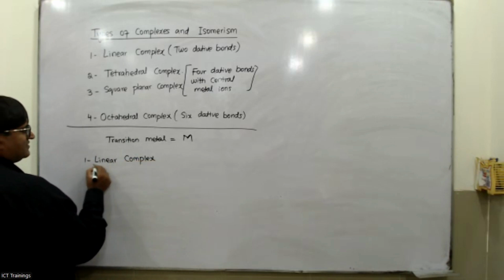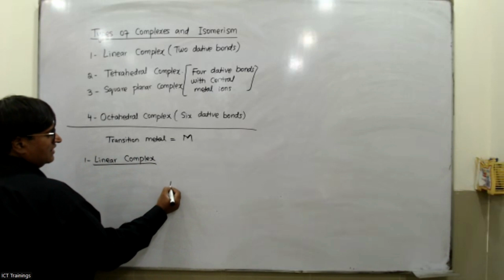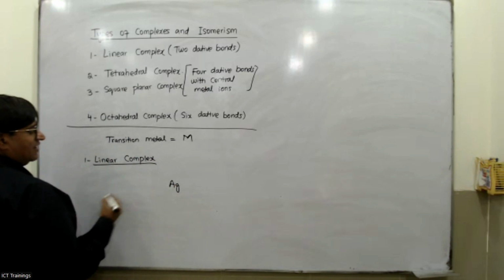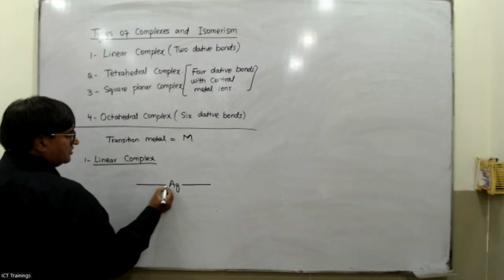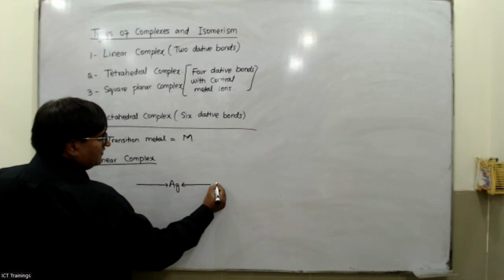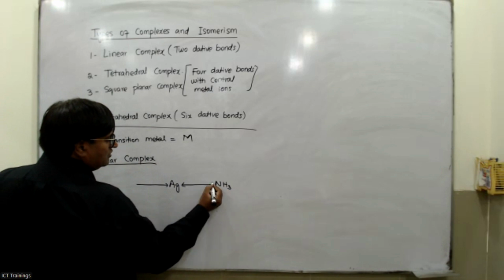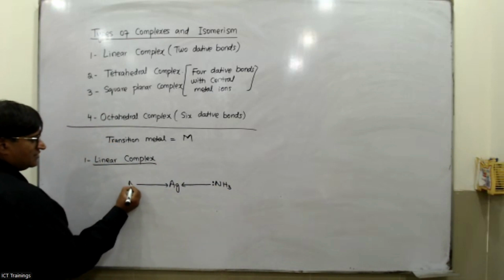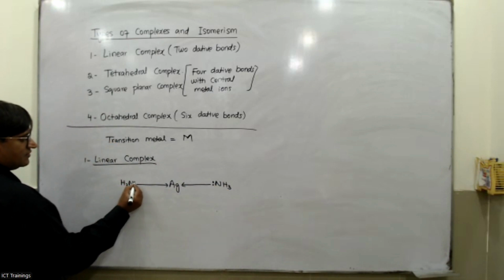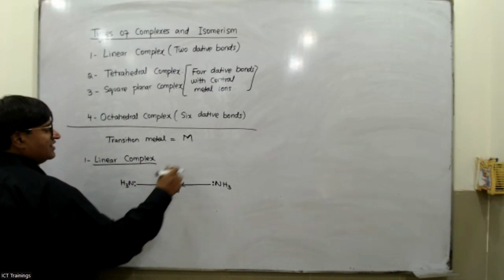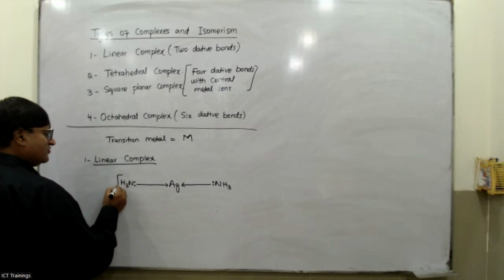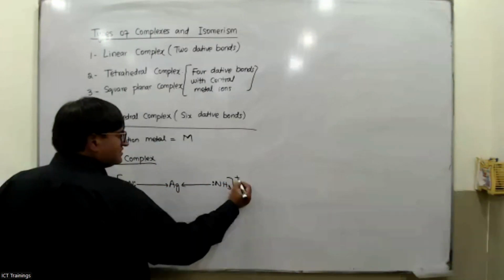Silver ion forms a linear complex with 2 ammonia molecules. The 2 ammonia molecules form 2 dative bonds with it, and the charge on the silver comes on the whole of this thing because ammonia is neutral.